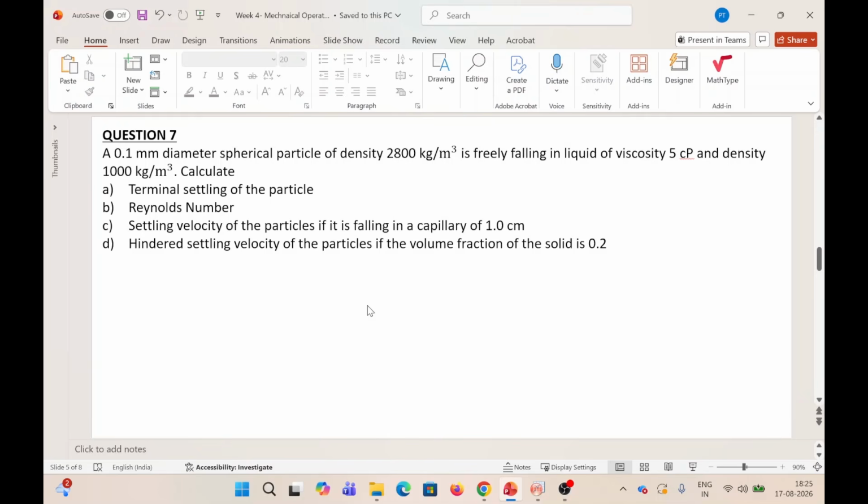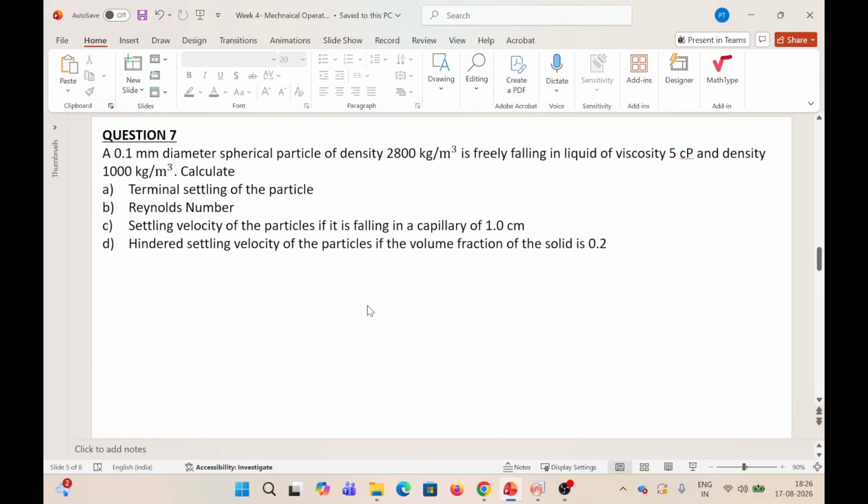Question 7 is: a 0.1 mm diameter spherical particle of density 2800 kg per meter cube is free falling in a liquid of viscosity 5 centipoise and density 1000 kg per meter cube. That is the density of the fluid. Calculate the terminal settling velocity, Reynolds number, settling velocity of the particle if it is falling in a capillary of 1 centimeter diameter, and hindered settling velocity of the particles if the volume fraction of the solid is 0.2. So you have 4 subdivisions to solve.